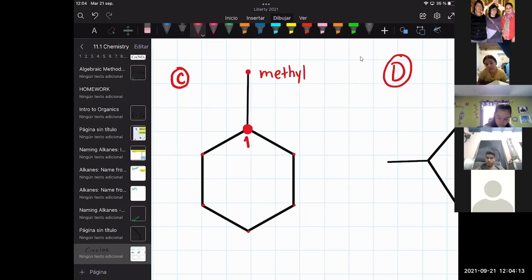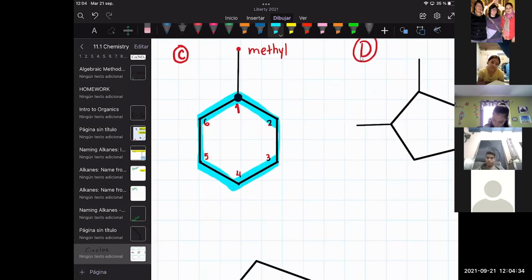And then you start counting the rest of the carbons because we're talking about a 6 carbon cyclo.